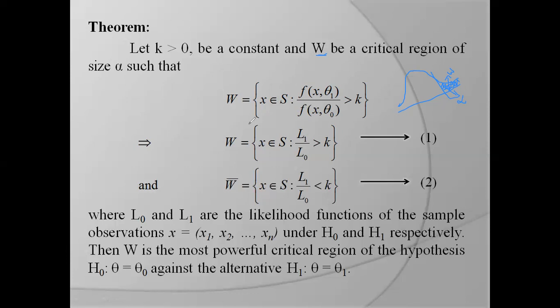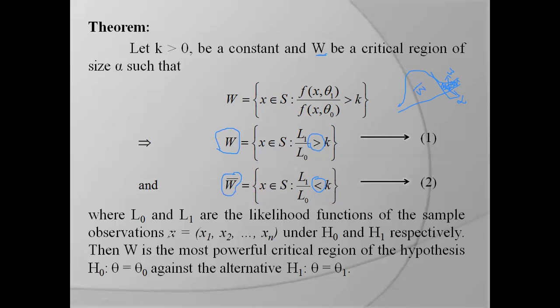And the alternative part, W bar, is the complement of this. If L1 by L0 is greater than k, then those values are in the critical region W. If L1 by L0 is less than k, then those values are in the set W bar.